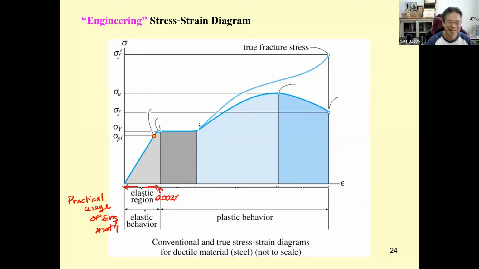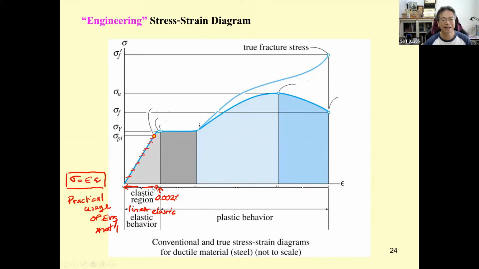So this is going to be a kind of linear elastic behavior when we use it in real-world applications. And Hooke's law is going to be the important equation that we will use in the analysis and design of the structure. So we're going to use the material only in this region.